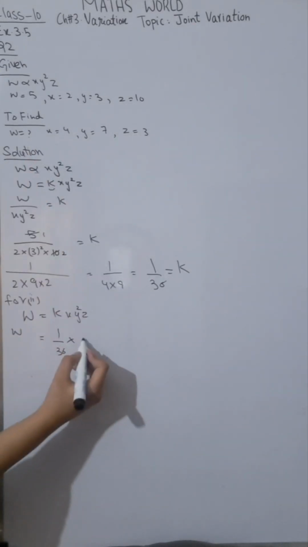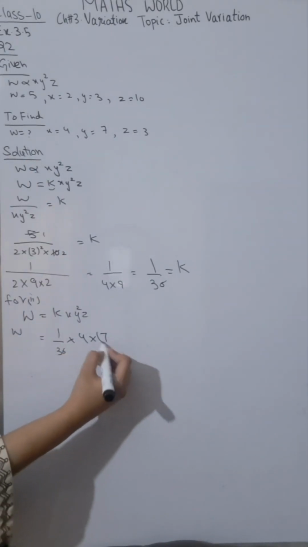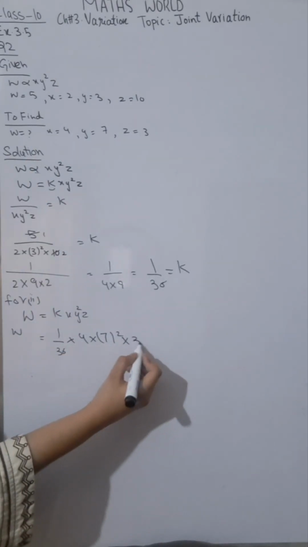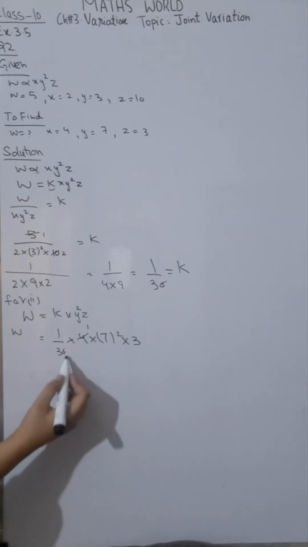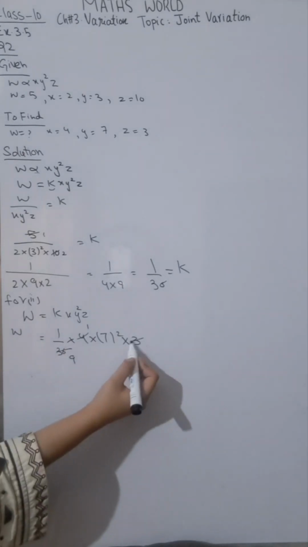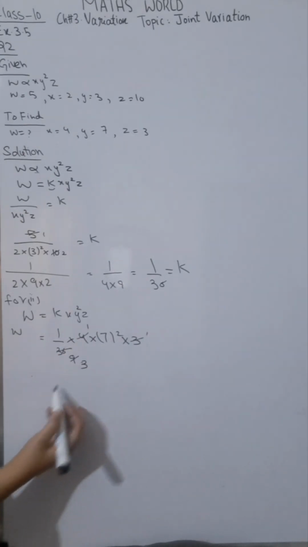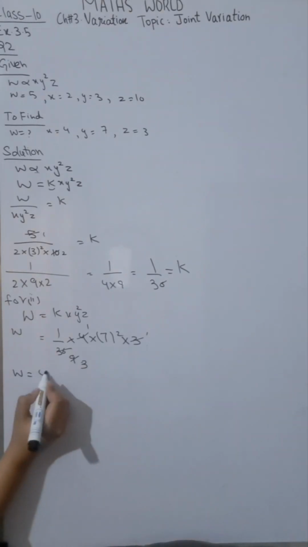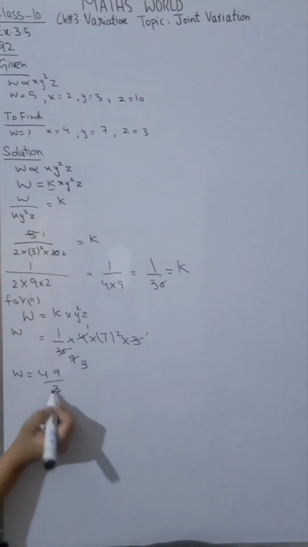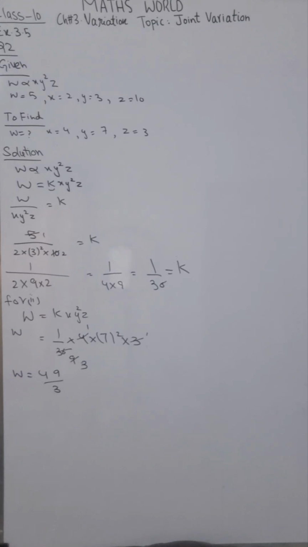X is 4 and y is 7, 7 square, and z is equal to 3. So what you can do in this question, if you know, that is 4 ones are 4, 4 nines are 36, 3 ones are 3, 3 threes are 9. So v is equal to 7 sevens are 49, and 49 divided by 3. So this is your answer.